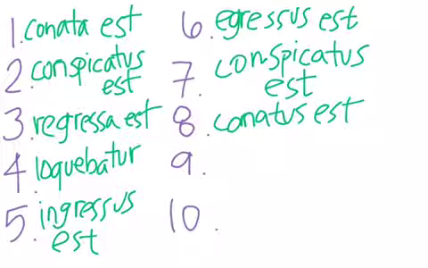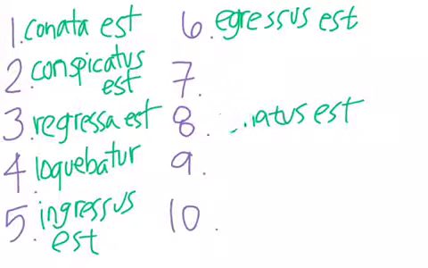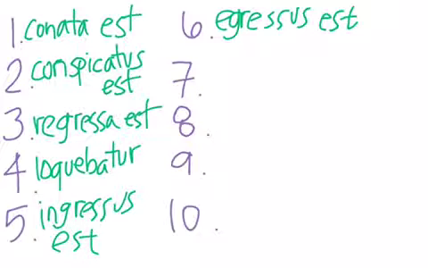Wait. Did I skip one? Oh, no, I skipped number 7. Guys, the struggle. I'm so sorry. You're like, what the heck? Okay, so number 6 should be, no. Which one did I skip? Ingressus est is number 5. Regressus, oh, it's number 7 that I skipped. So sorry. Ugh. Okay.